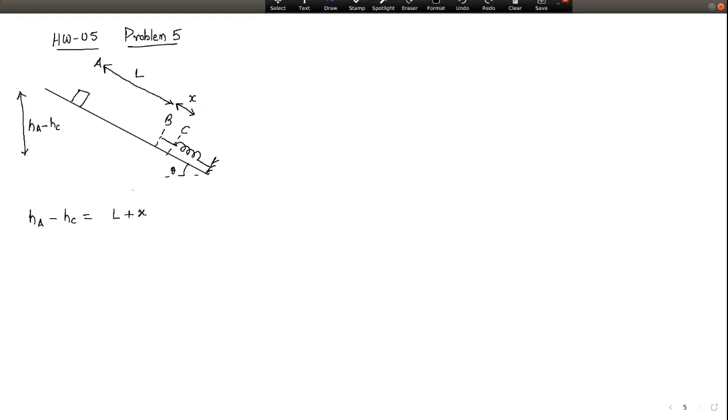We have to add this small distance X to it, and then take the component of that along the vertical. That's a detail. And coming to the problem, what are the forces acting on this mass? We have mass times acceleration is equal to the gravitational force acting on it. There's a normal force acting on it.